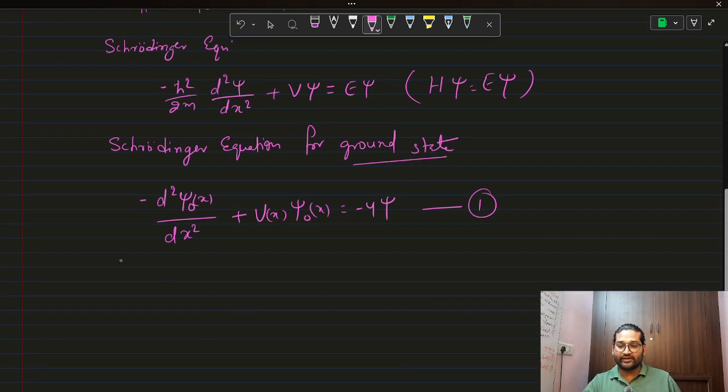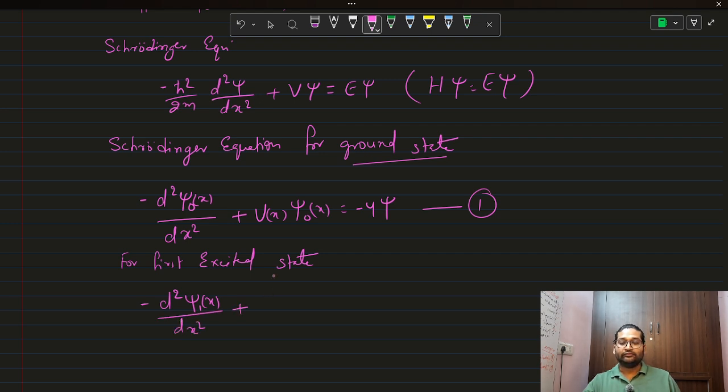For the first excited state, this will be minus d2 psi 1 x upon dx square plus V(x) psi 1 x is equal to the first excited state energy, which is minus 1, into psi 1.